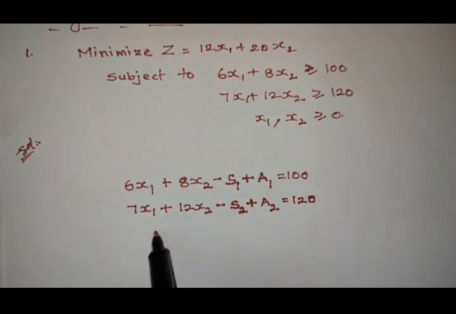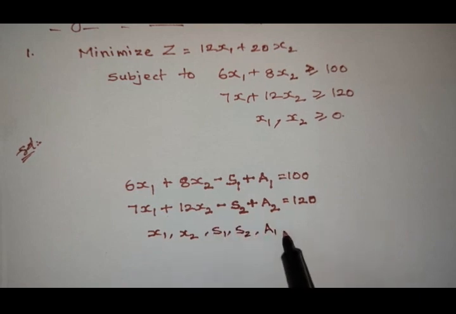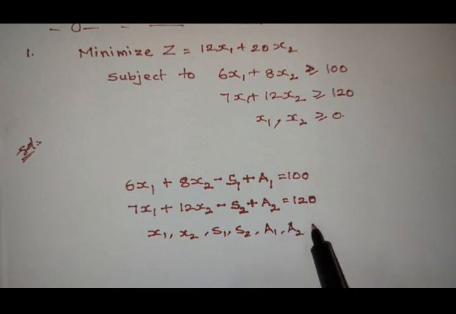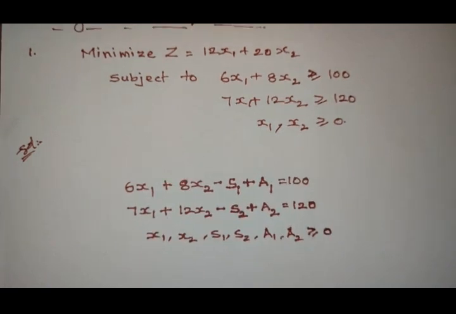And next we write the variables x1, x2, s1, s2, a1, a2, all greater than or equals to 0. So now we modified the constraints according to the big M method, right?